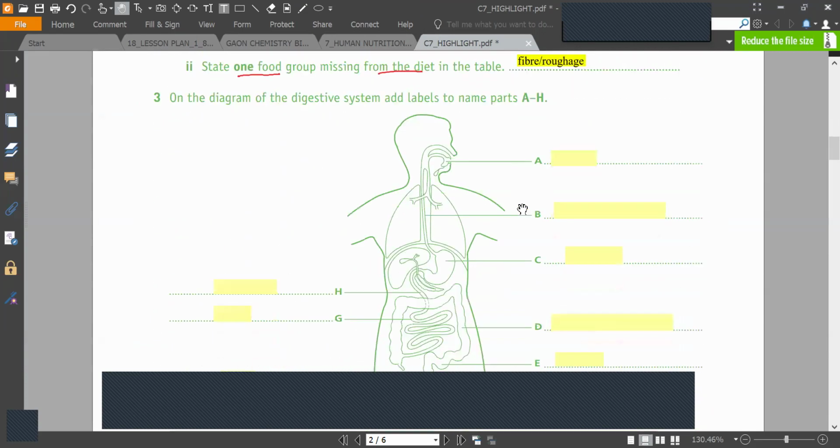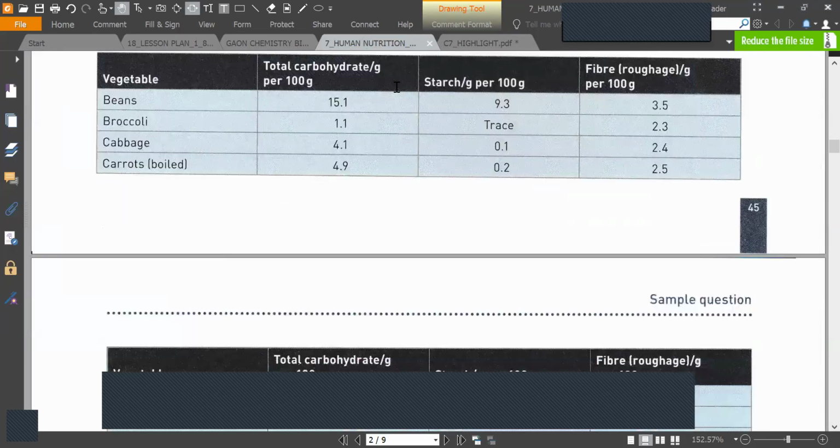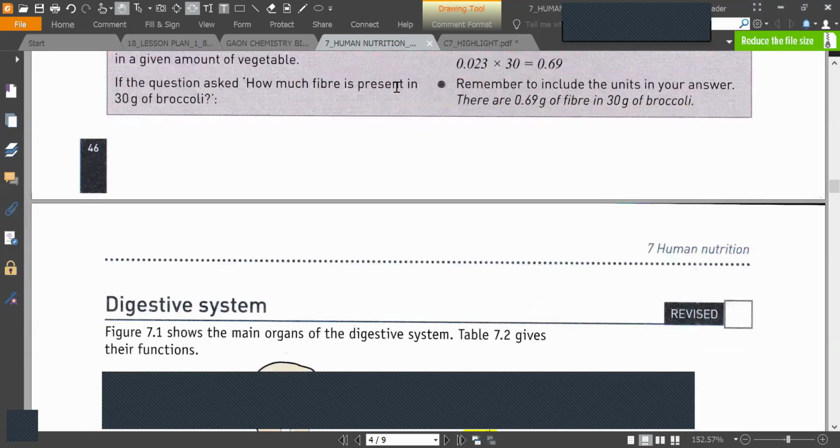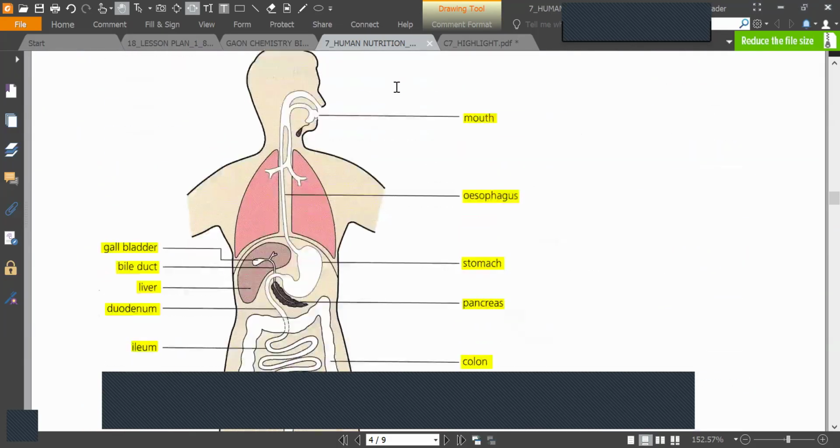Next, the diagram of the digestive system. Name parts A to H. So we just need to remember the labels of all the different parts.